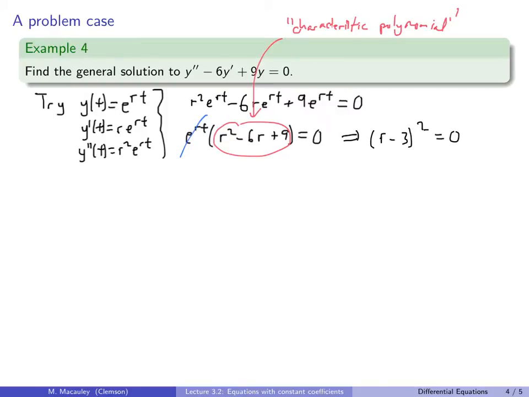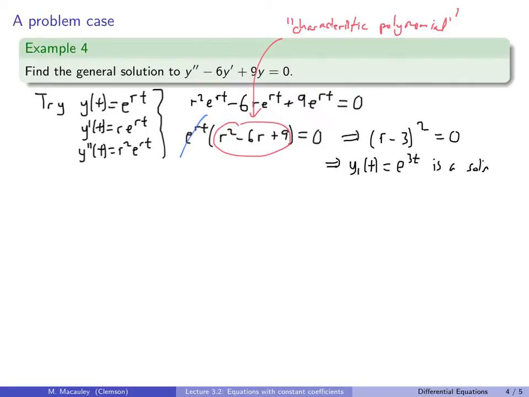That means that we have a solution. So we have y1 of t is e to the 3t. That is a solution. Unfortunately, we're looking for two solutions.